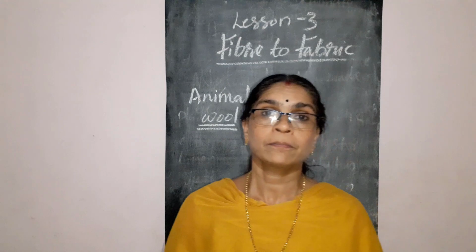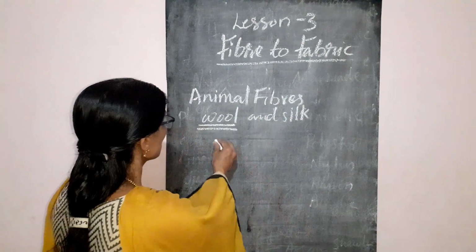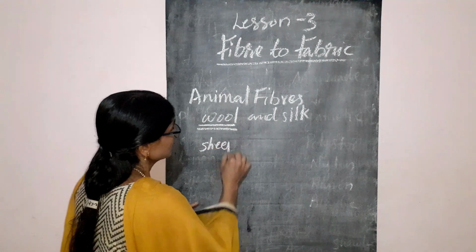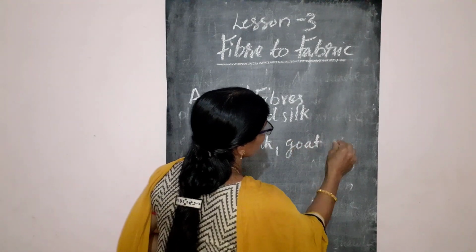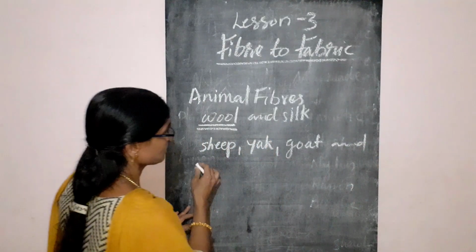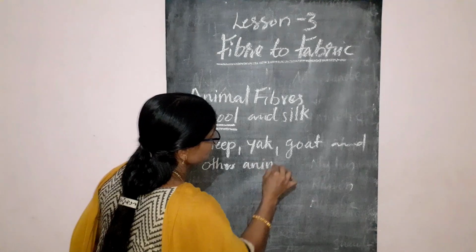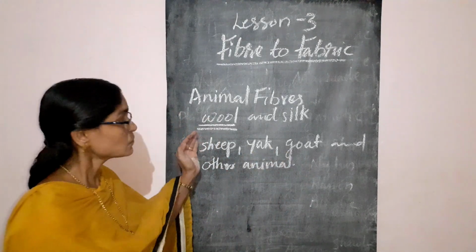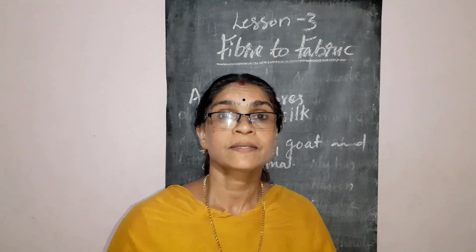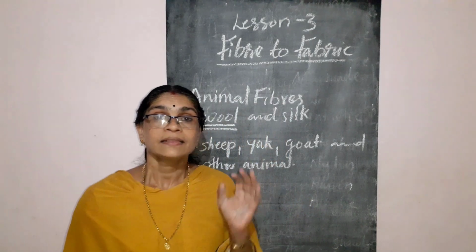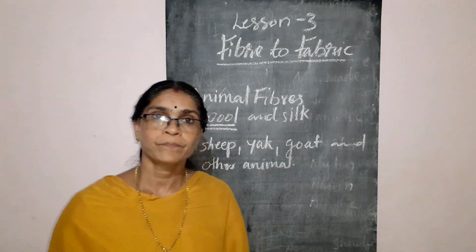Wool comes from animals like sheep, yak, goat, and other animals. These wool-bearing animals have thick hair or fleece on their body.